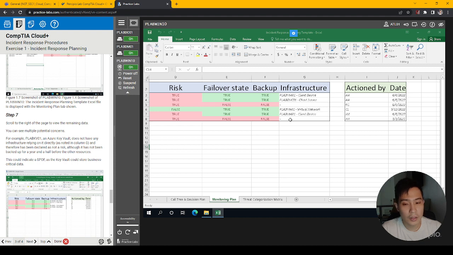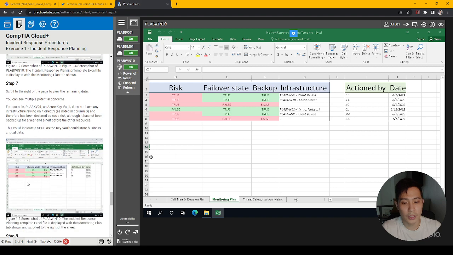Now this could indicate a SPOF, as the Key Vault could store business critical data.